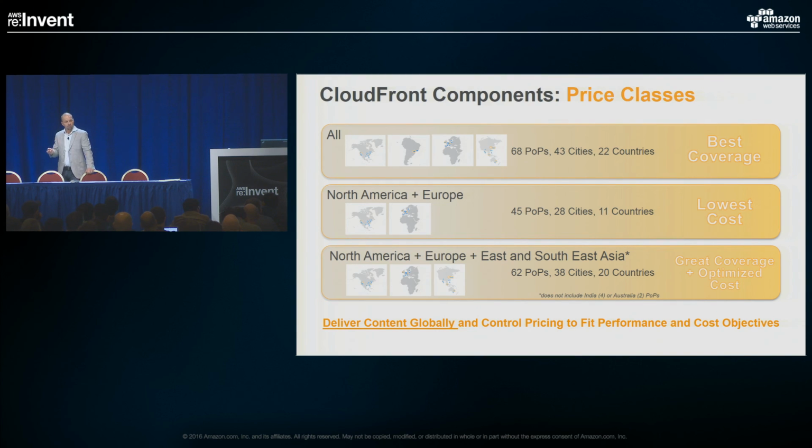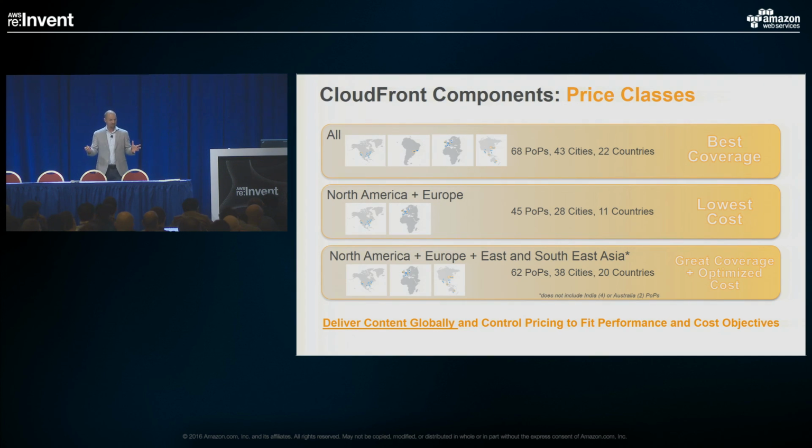So by default, we deliver content from every single edge location. If you want to optimize cost and just deliver from regions that have the lowest cost pricing, then you set it to North America and Europe. And that restricts the CDN to 45 edge locations, 28 cities, and 11 countries.